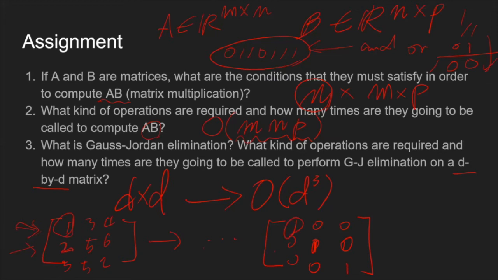And then you're going to need to do a series of operations to convert this thing into 0, convert this thing into 0 again, convert this thing into 1, convert this thing into 0, and so on and so forth. So we have a total of d times d elements in the result matrix, and those are the ones that you need to convert.